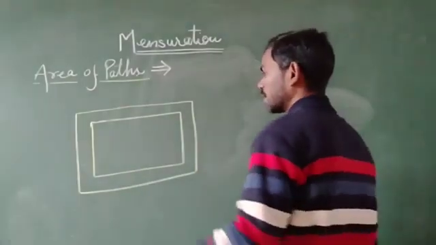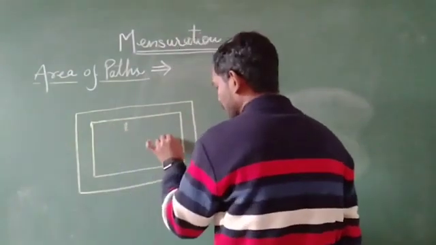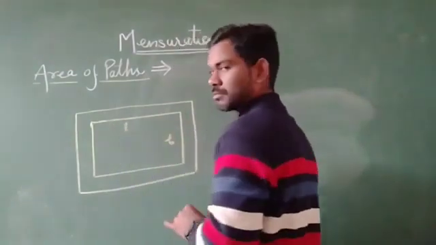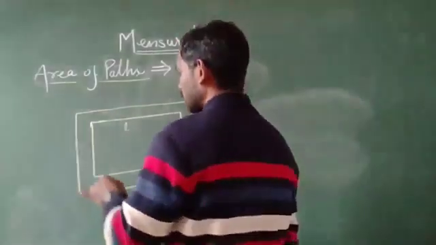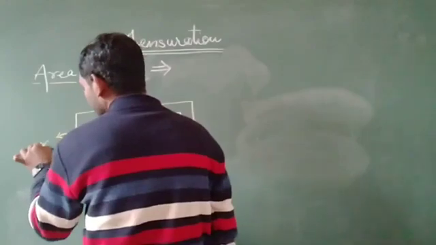Let us suppose that the length of the rectangle is L and the breadth of this rectangle is B, and the thickness of the path is X unit.